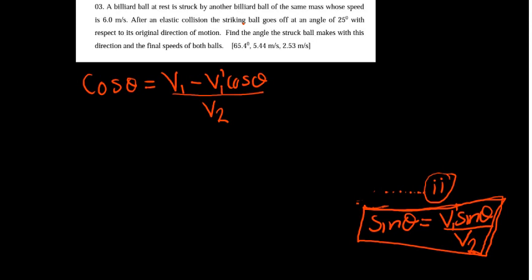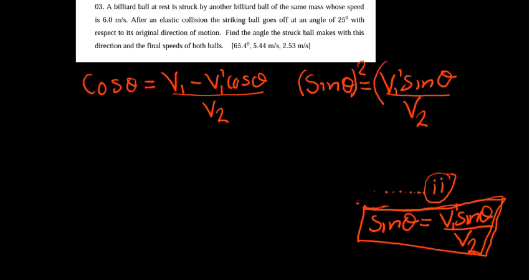And from the second equation, which we just derived here, our sine theta was equal to v1 final sine theta divided by v2. So at this point, we're going to square the sine theta. Square this, meaning also going to square this. Even this side we do the same.